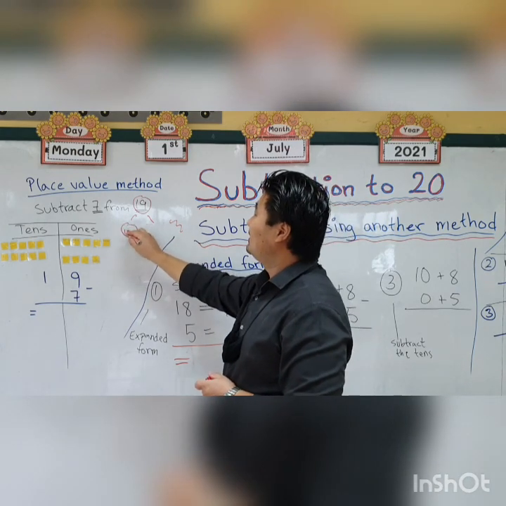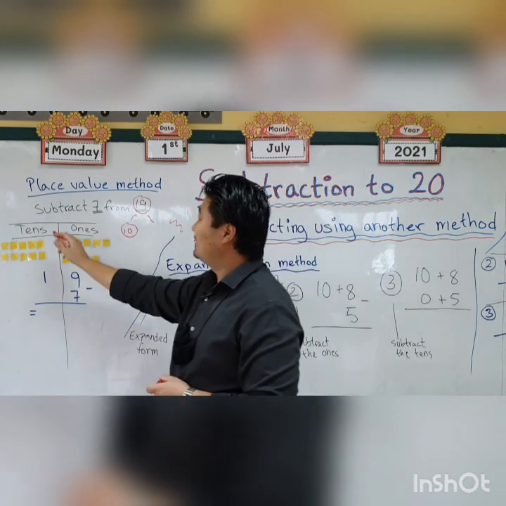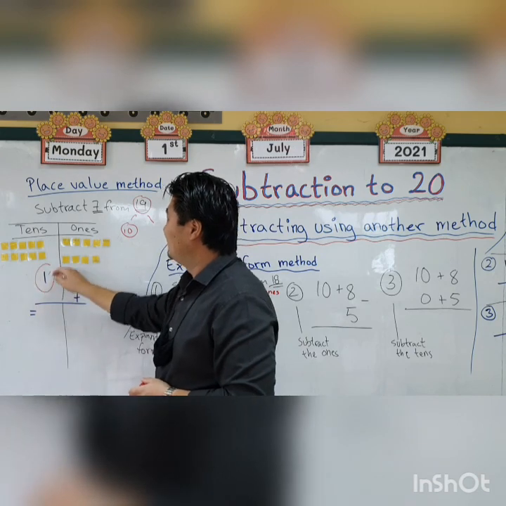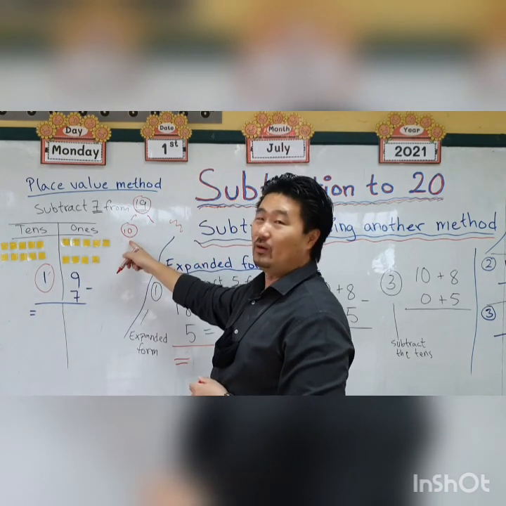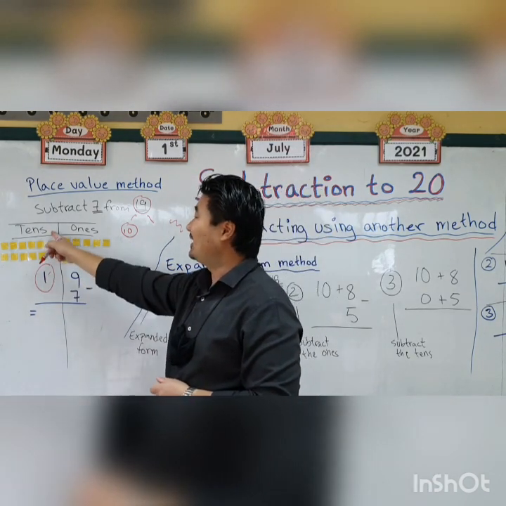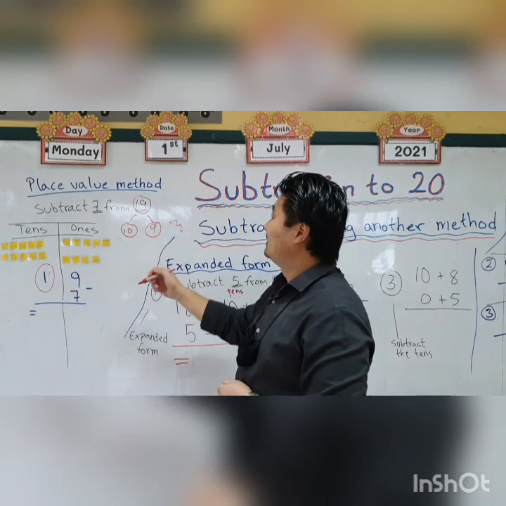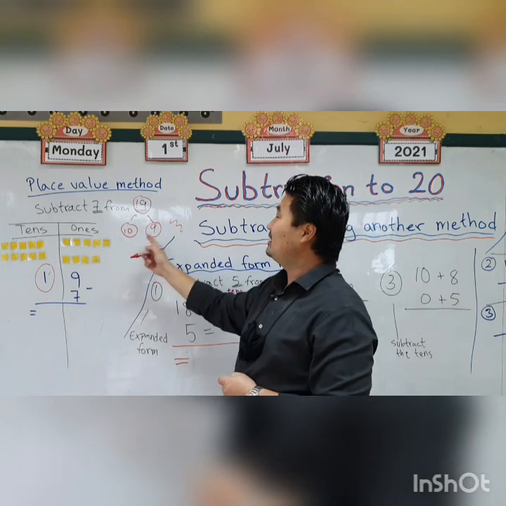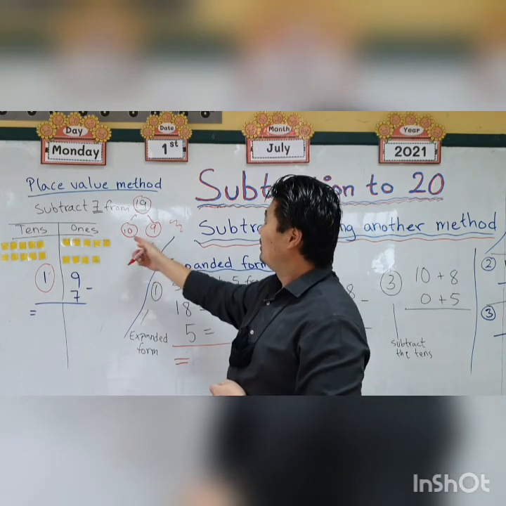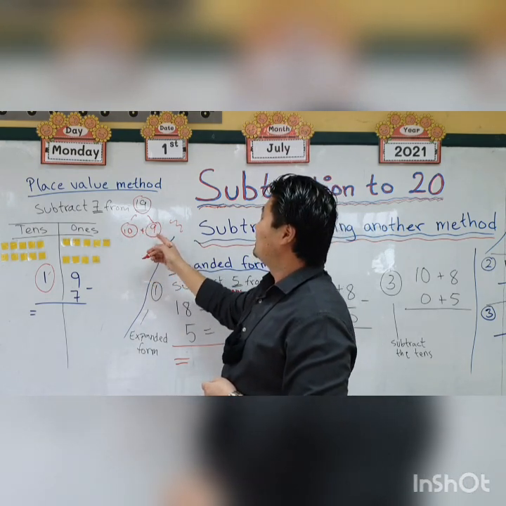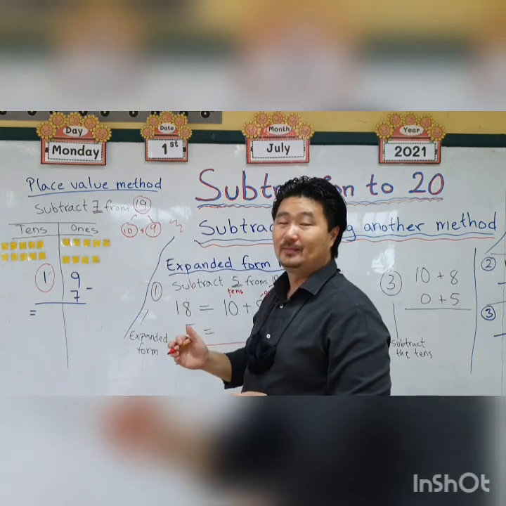Part 1, 10. 10 ones is 1 ten. And then part 2 is 9. 9 ones is 9. So 10 plus 9 equals 19.